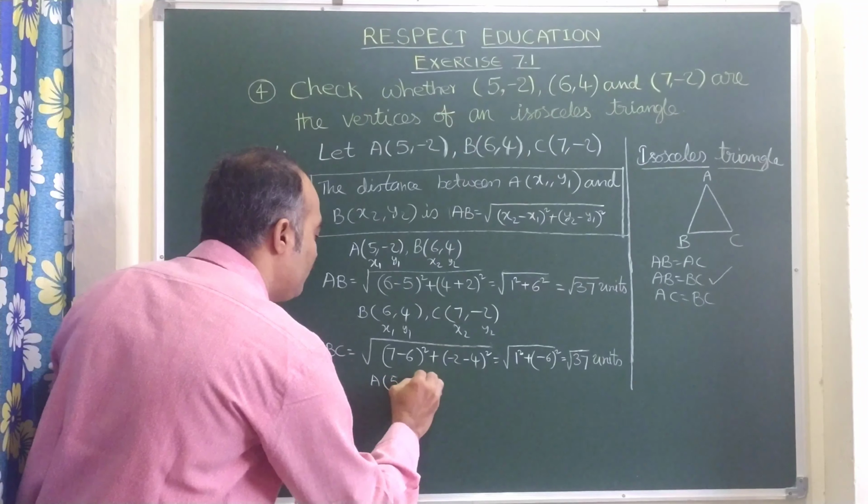That is the reason triangle ABC is an isosceles triangle. So for this question we have checked, and we got that ABC is an isosceles triangle. For this problem, the fourth one gets over.